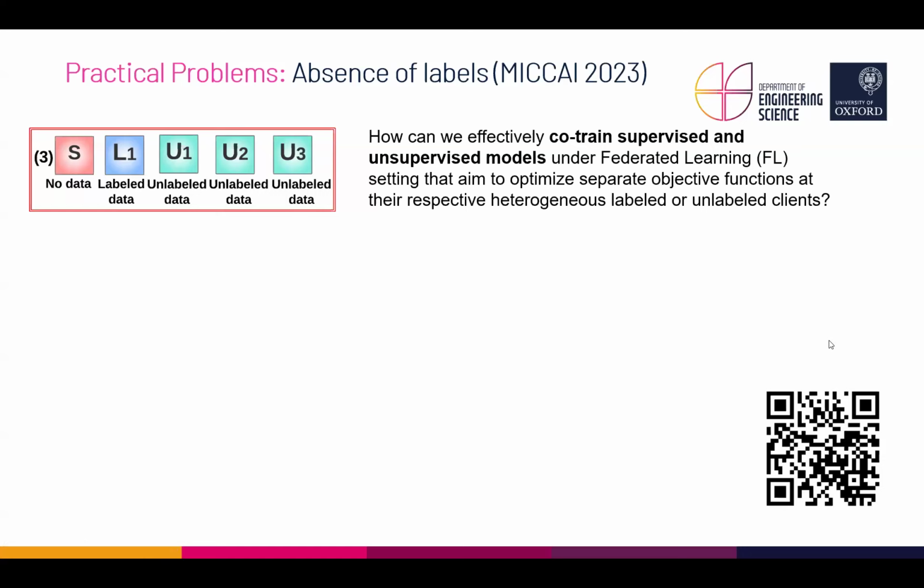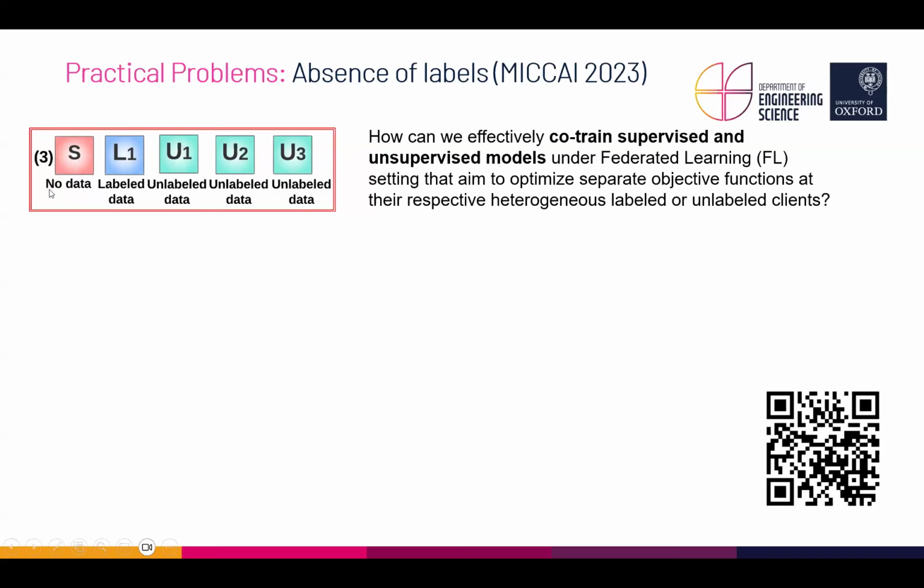So the question we are asking is, how can we solve this practical problem in a federated learning setting where we collaborate with institutions, some of which have labeled data and some of which don't? Let's say I have a labeled client L1, three unlabeled clients U1, U2, and U3, and S is my server.